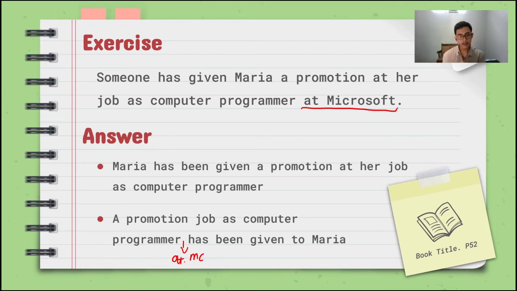If we pay attention, in the second form, "at her" was omitted. Why was "at her" omitted? Because the direct object becomes the subject. The pronoun "her" is not pointing to anyone yet.